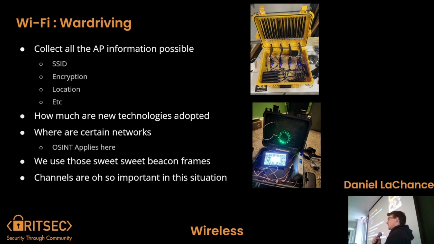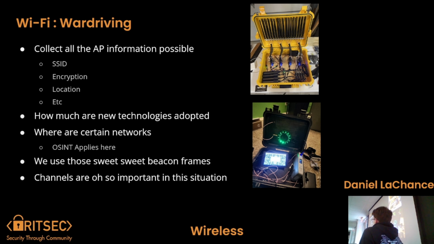War driving. Woo! Yeah, so war driving, you just have a bunch of these dongles in a box. People call it the spooky box, and you just drive around and collect data off of access points that are transmitting around you. So you can get the SSID, which is just what you would think of as the name of the network when you're trying to connect to a Wi-Fi network.